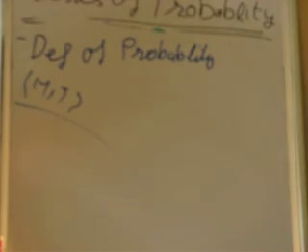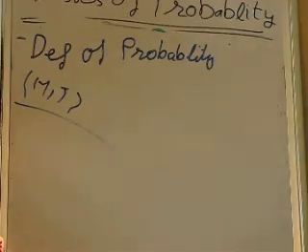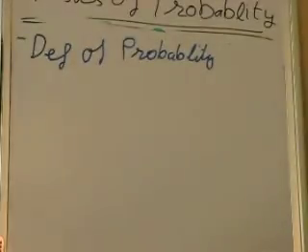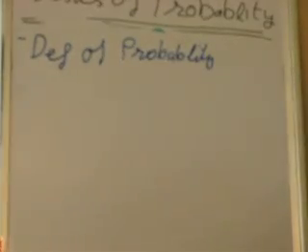Similarly, when you perform an experiment, you can perform it once, twice, thrice, and so on. If you perform an experiment once, that is called a trial. So trial is nothing but performing an experiment once. In other words, the basic definition of trial is a single performance of an event.